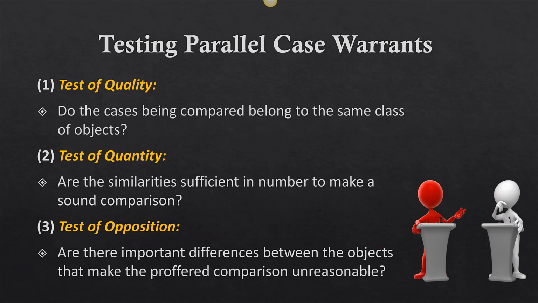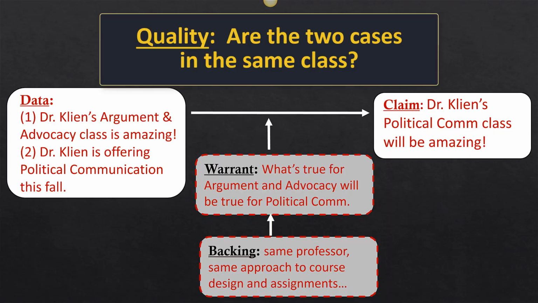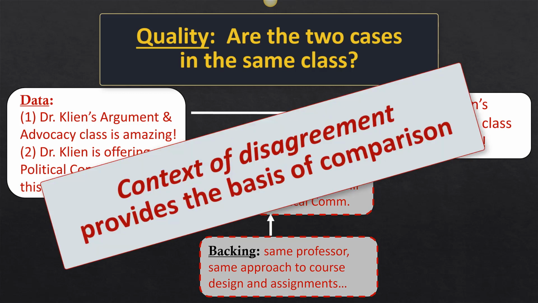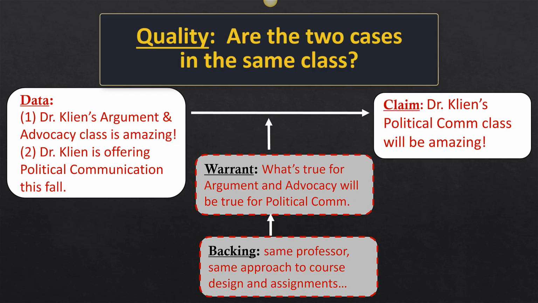Let's take these tests and apply them to the example that we just went over. If we look at the test of quality in this case, we need to determine if the argument and advocacy class belongs in the same class of objects as the political communication class. And if you are familiar with the context of communication classes at the University of Missouri in the political communication area, then you might have a sense that the test of quality may in fact be operable on a couple of levels.